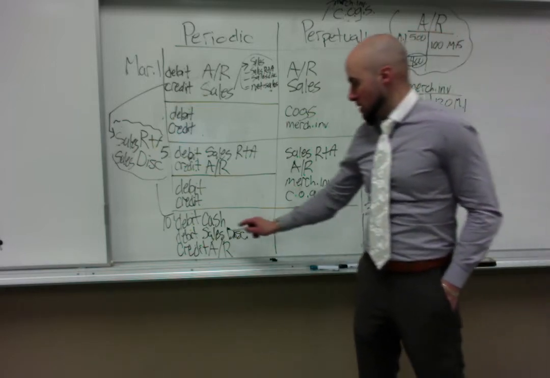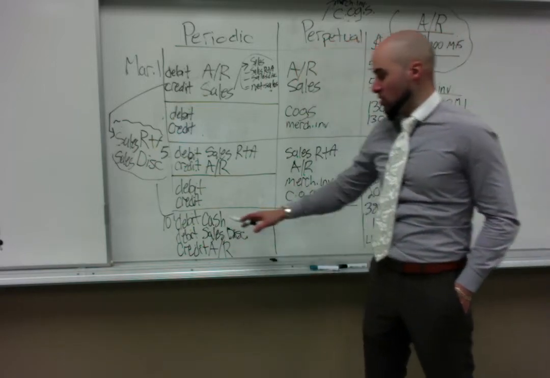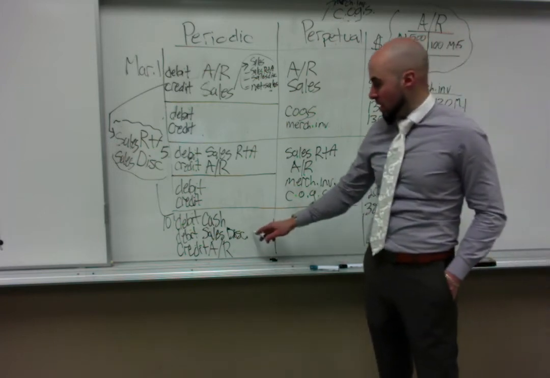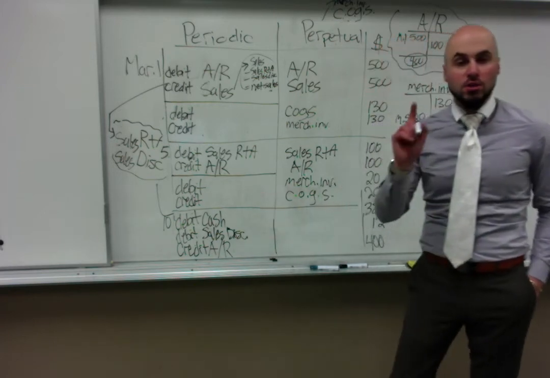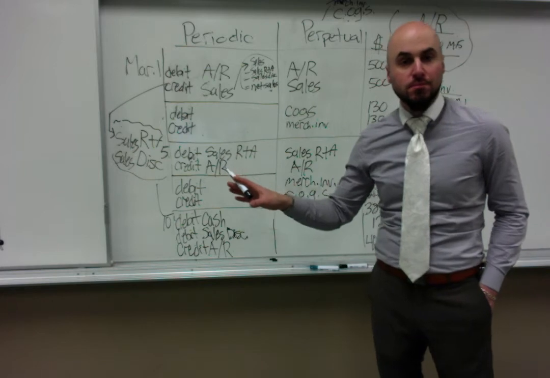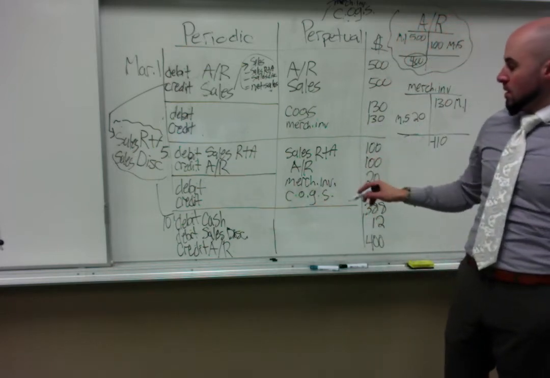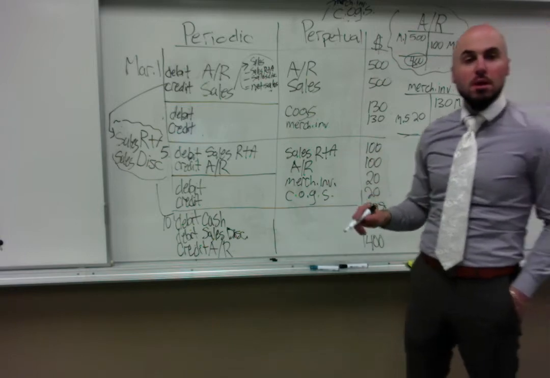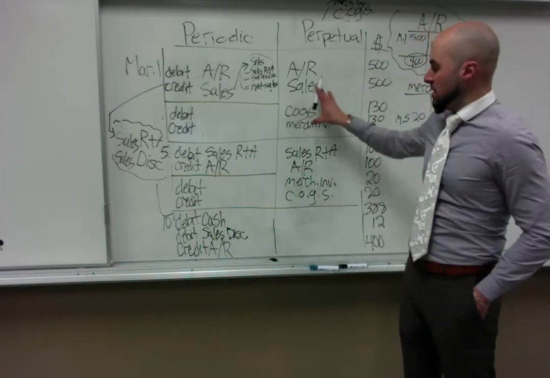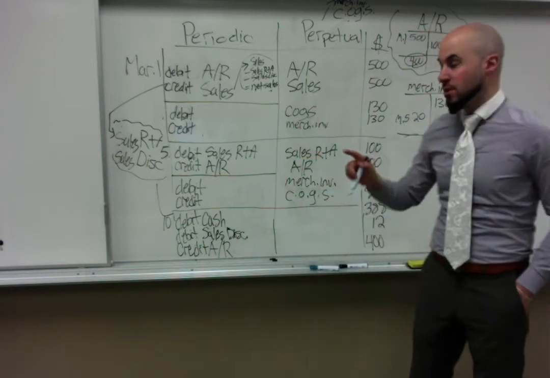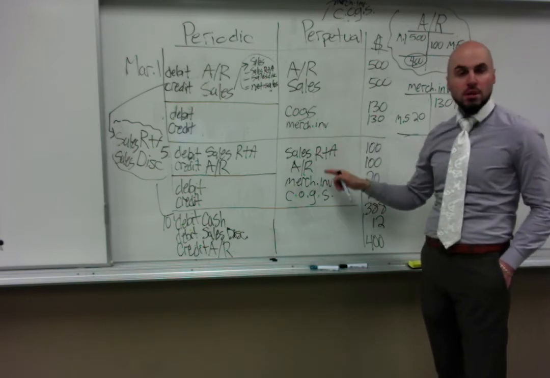Okay? And that's all you have to do for that periodic entry. Periodic, just one entry no matter what happens. But in the perpetual, in these two cases, it was a double entry in each.